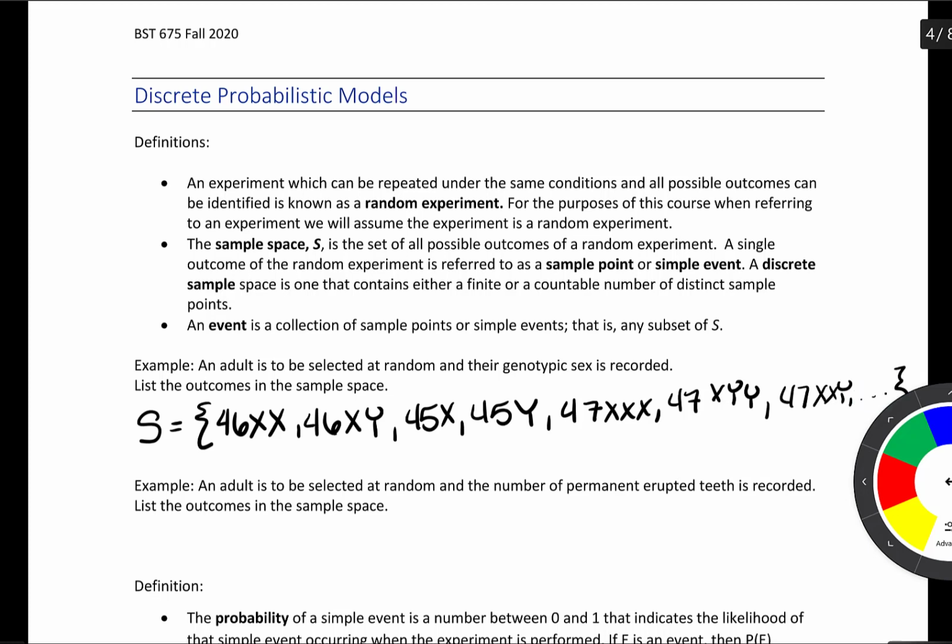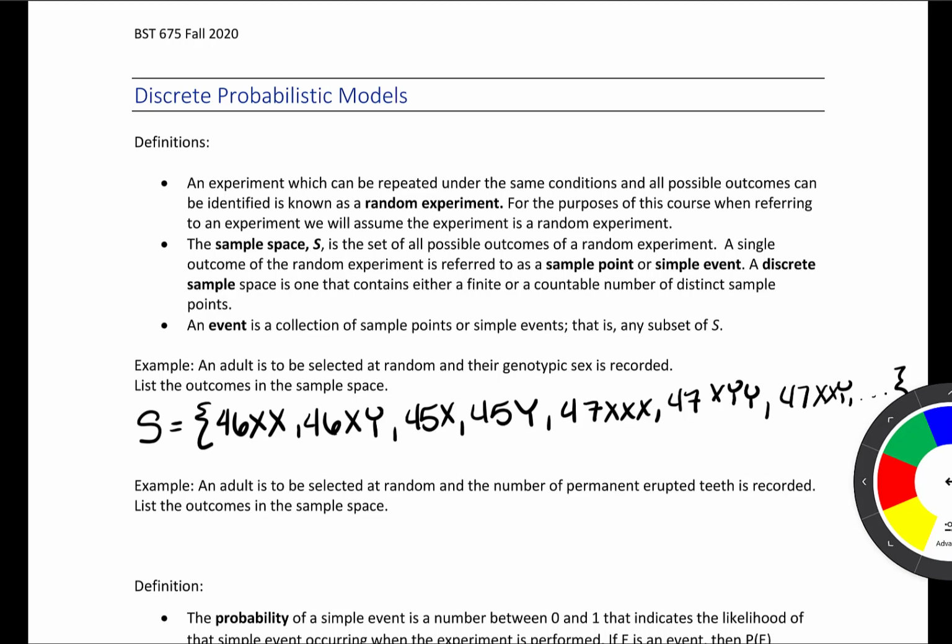So in other words, we want to list all of the possible outcomes. Now those possible outcomes might be determined by the particular experiment you're doing. If your experiment is only concerned with the 46XX and the 46XY, then that would be all that is in your sample space. So another example here, an adult is to be selected at random and the number of permanent erupted teeth is recorded.